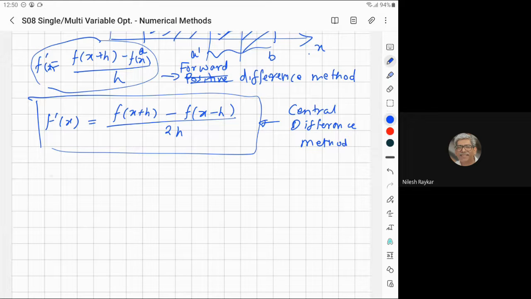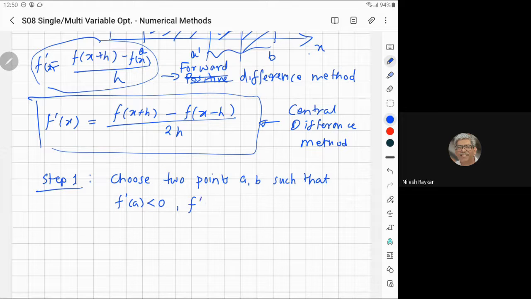Okay, so let me write the algorithm so that it can be programmed. First, choose the points so that the slopes have opposite signs on either side.